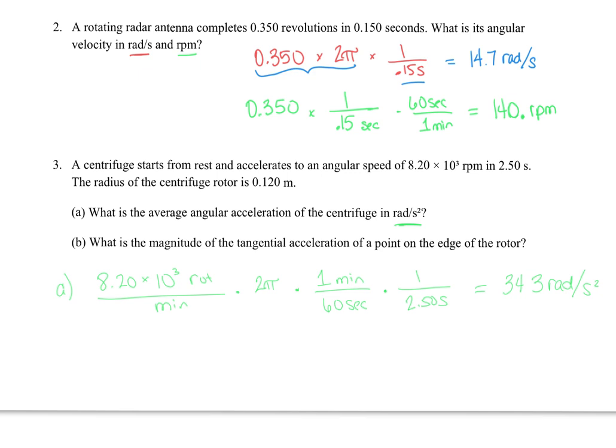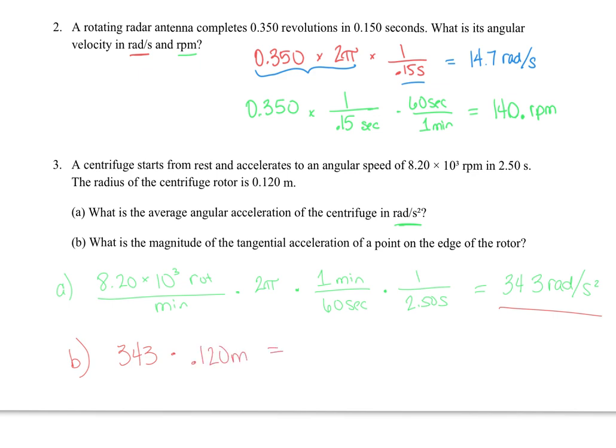The second question is, what is the magnitude of the tangential acceleration? Lots of words going on there. Again, those are words you should know. This is where we involve the radius, all right? And so if I have radians per second squared and I want to convert it to meters per second squared, I'm just going to take my answer and multiply by my radius.